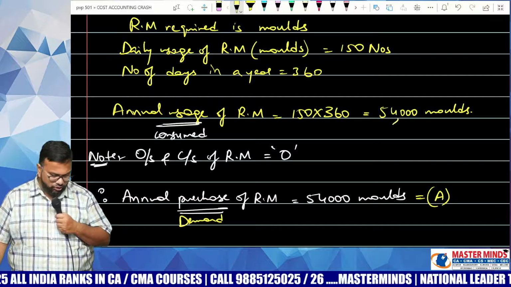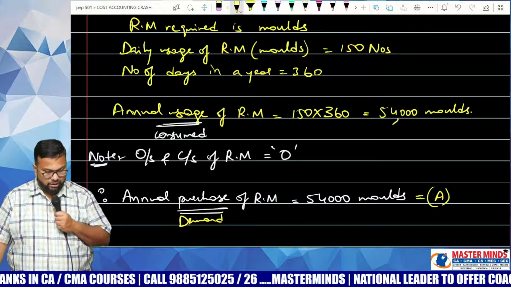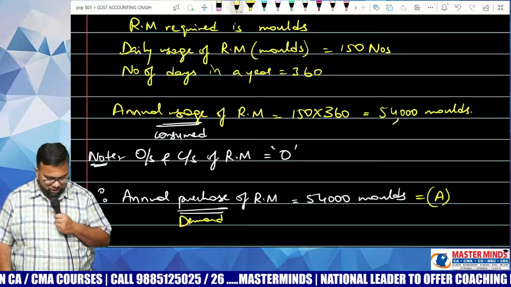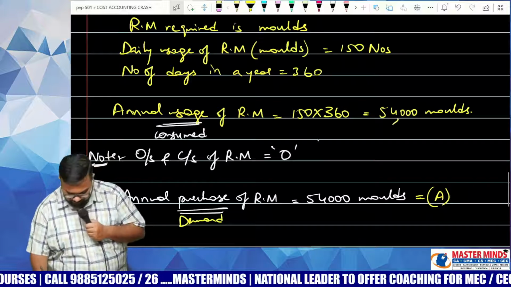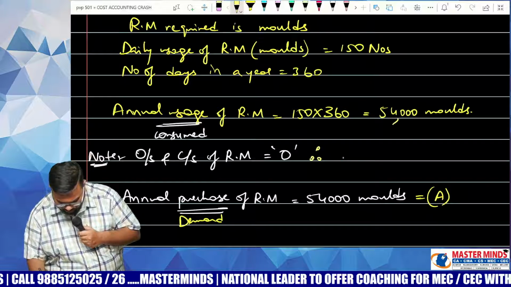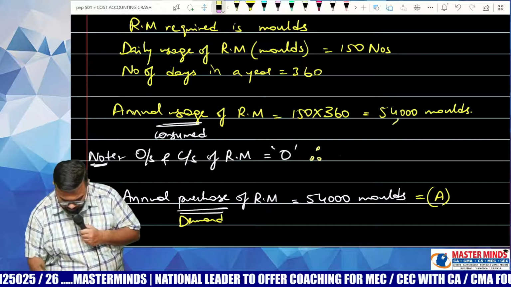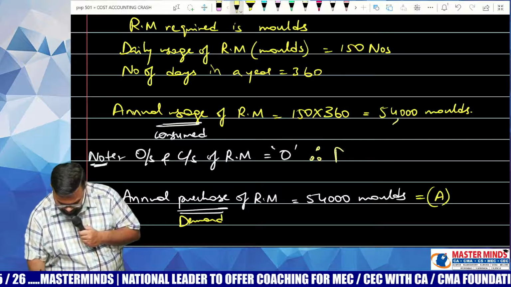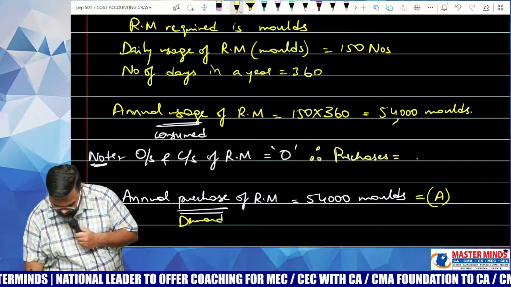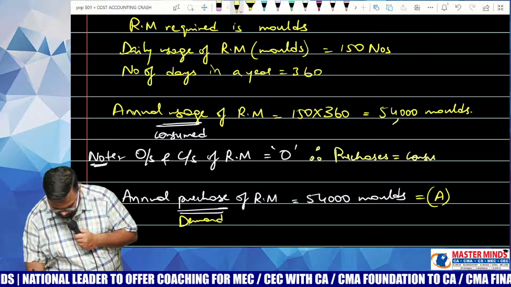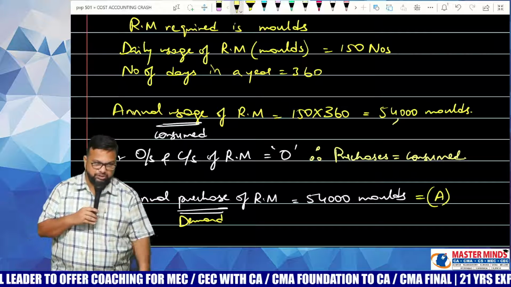Note, opening and closing stock of raw material is not given. When opening and closing stock of raw material is not given, we can conclude that purchases equal consumed.